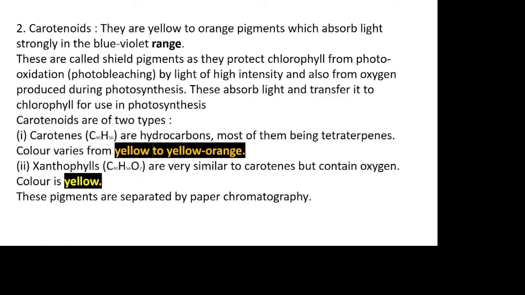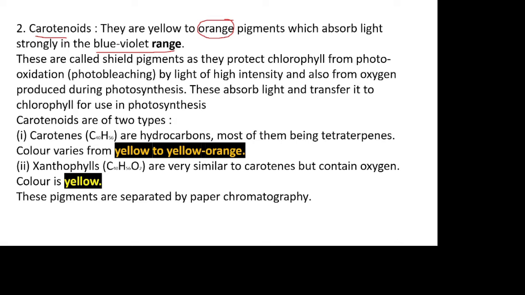The other pigments are carotenoids and xanthophyll. Carotenoids are blue-violet colored structures, or especially they are orange pigments. Carrots obtain their name from the orange color that is called carotenoids.